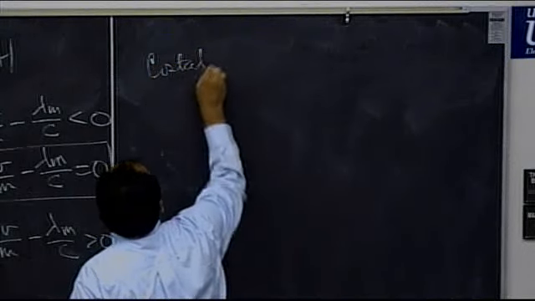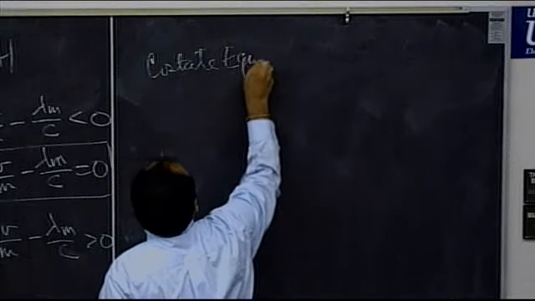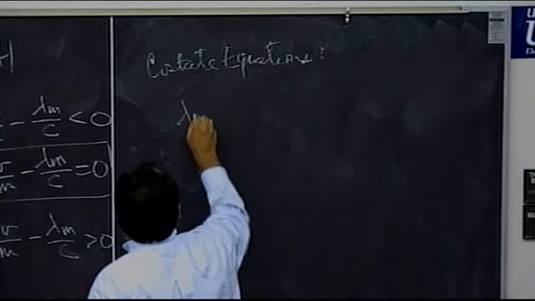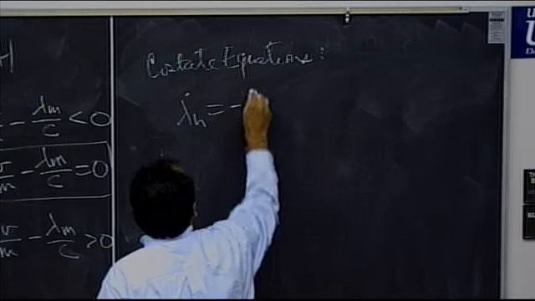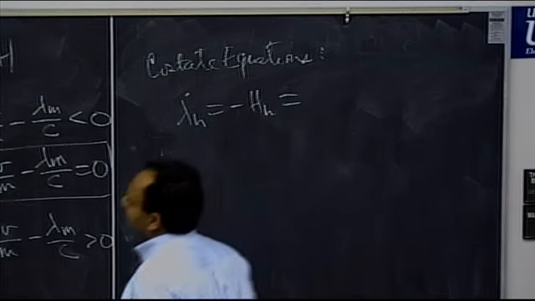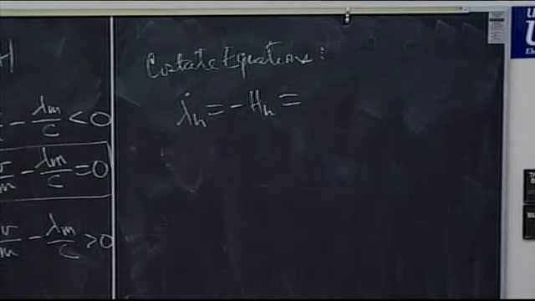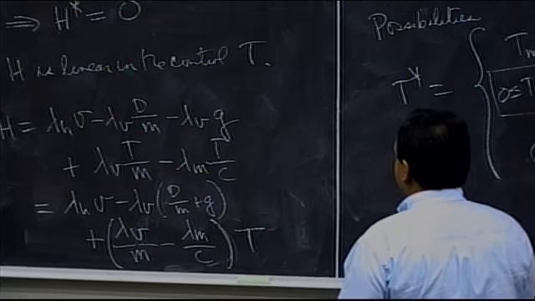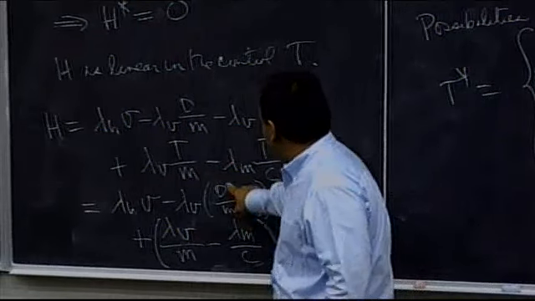So the costate equations are that lambda sub h dot is minus the partial of H with respect to h. So what happens if I take this with respect to h? What do I get? Remember, d is a function of h.